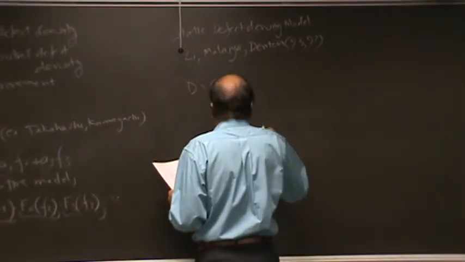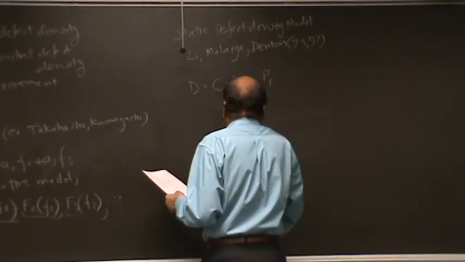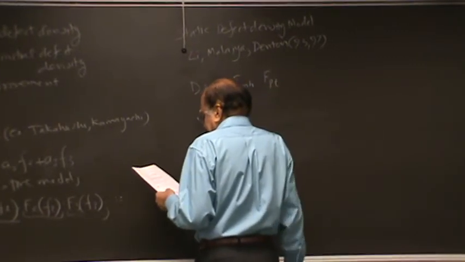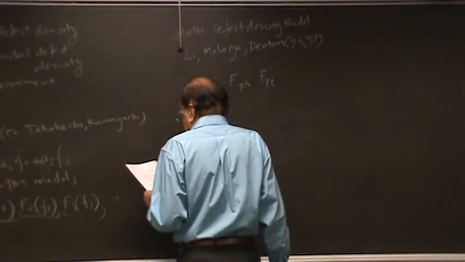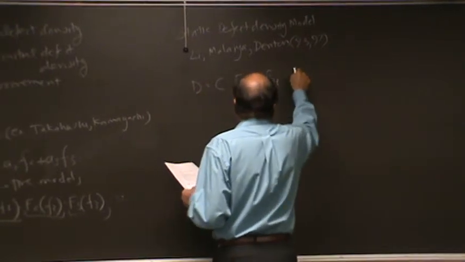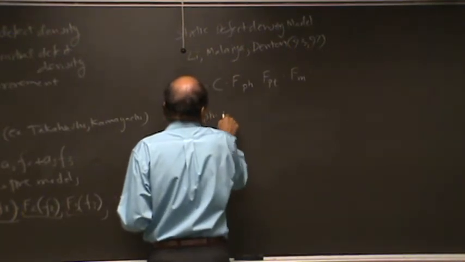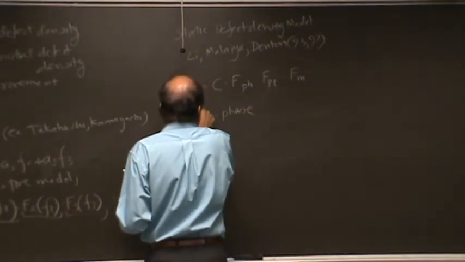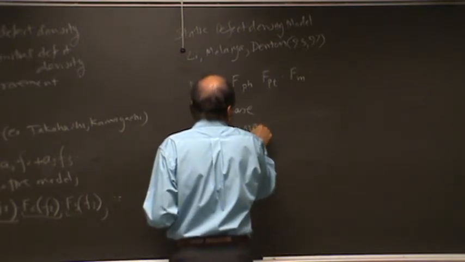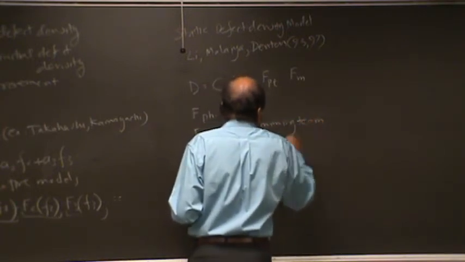And you have then the programming team factor, so let me call it F sub PT. And there's a process maturity factor, let me call it F sub M. So this is the phase factor, and this is the programming team, the capability of the programming team.